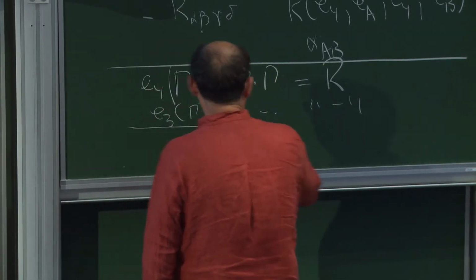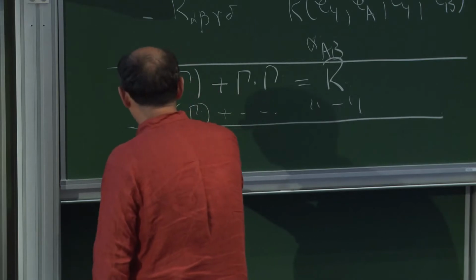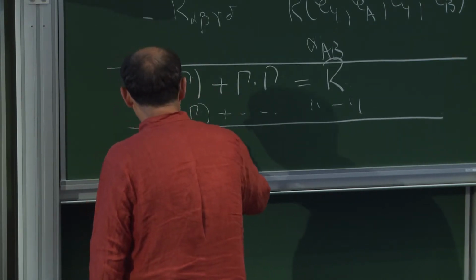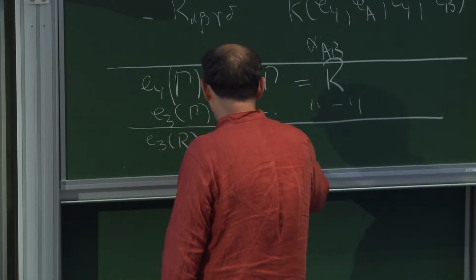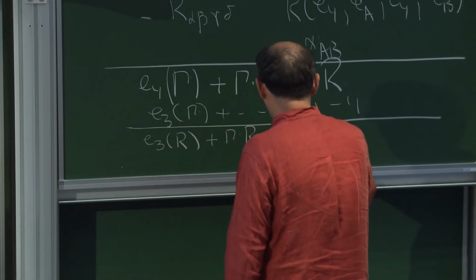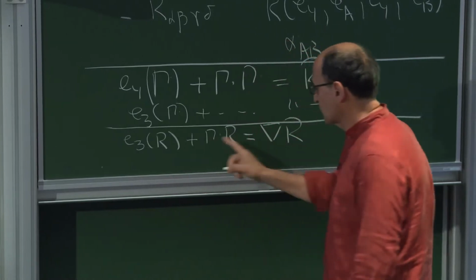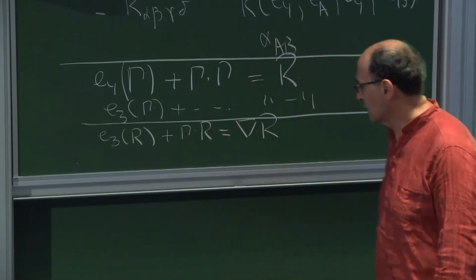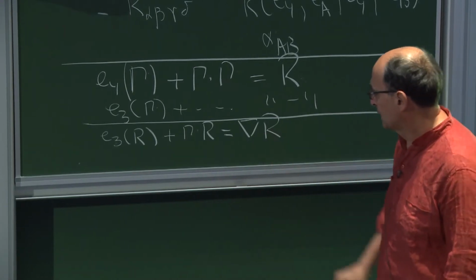And then there is something similar about curvature. So there is e_3 of R plus gamma times R, and these are derivatives of curvature, but derivatives which will be different from the e_3 derivative which you put here.